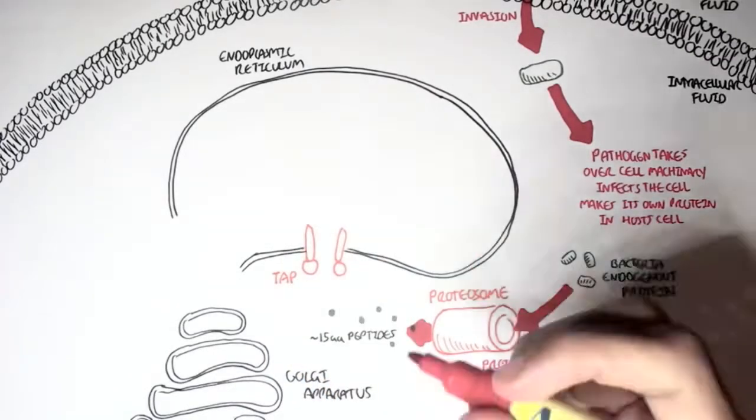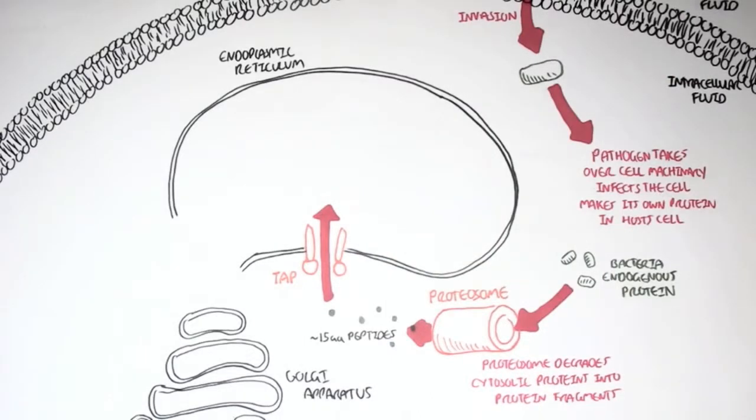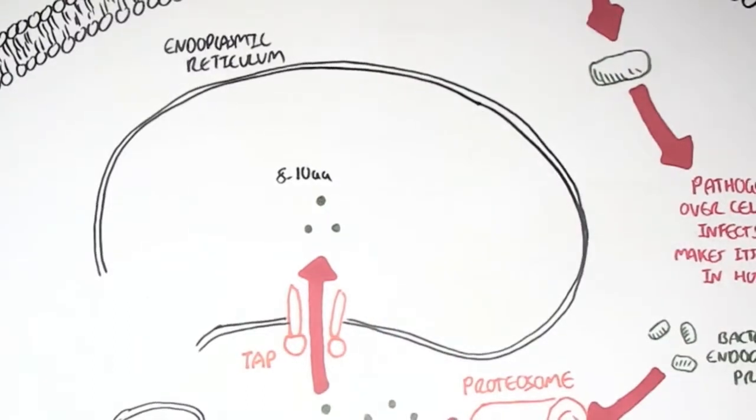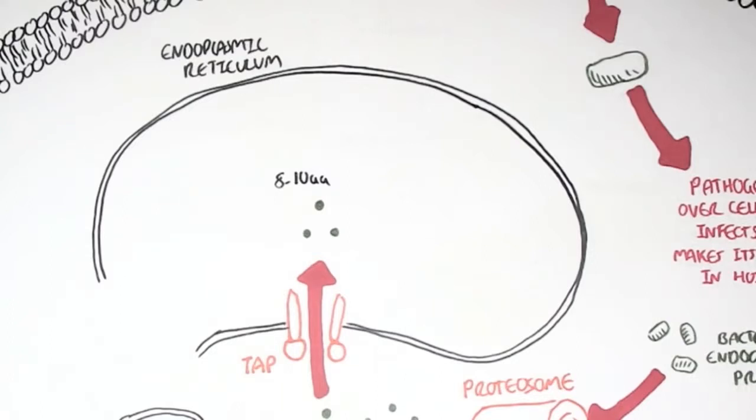And then these small fragments, bacterial fragments, can then enter the endoplasmic reticulum through what's called the TAP transporter. The TAP transporter is composed of TAP1 and TAP2. And when these 15 amino acid fragments, these antigens, these peptides, will enter the rough endoplasmic reticulum, they can get further broken down to about 8 to 10 amino acids by specific enzymes within the endoplasmic reticulum.